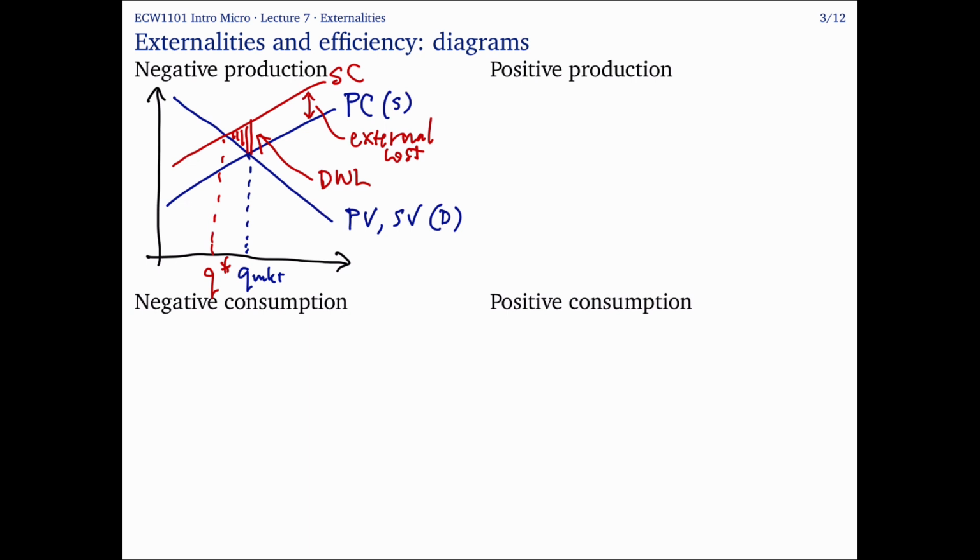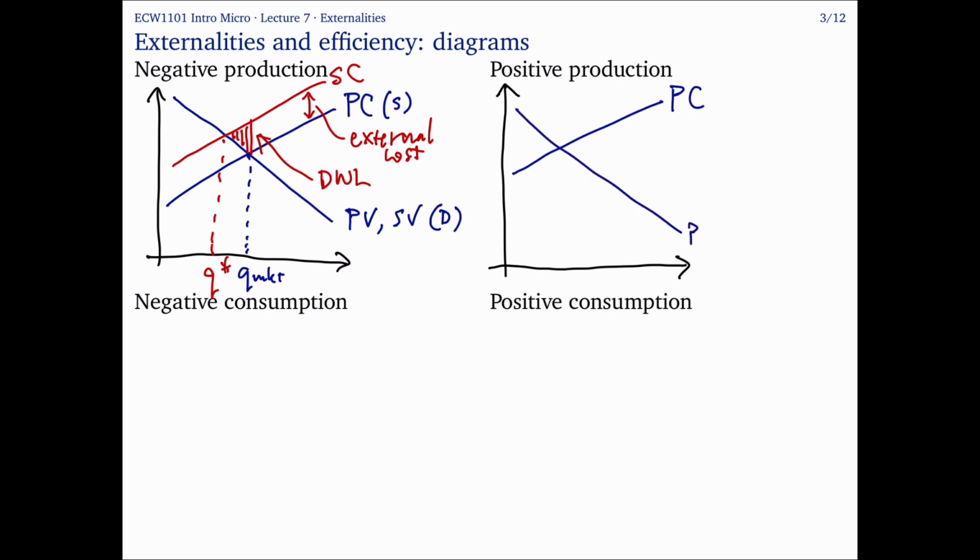What about other examples? Positive production externality. Now it's the other way around. We have private costs, and we have private values and social values. So that's the supply, that's the demand.